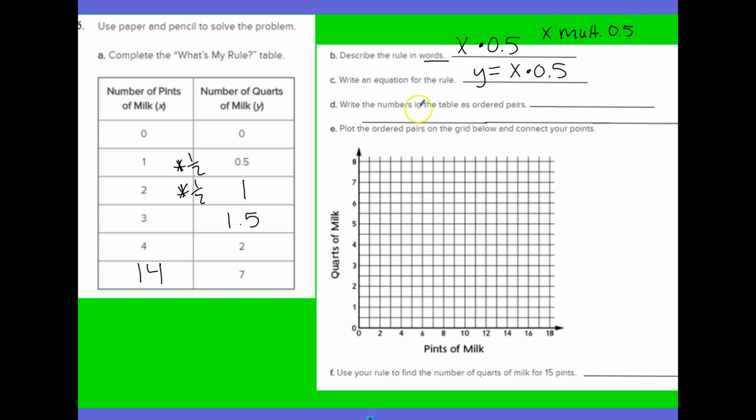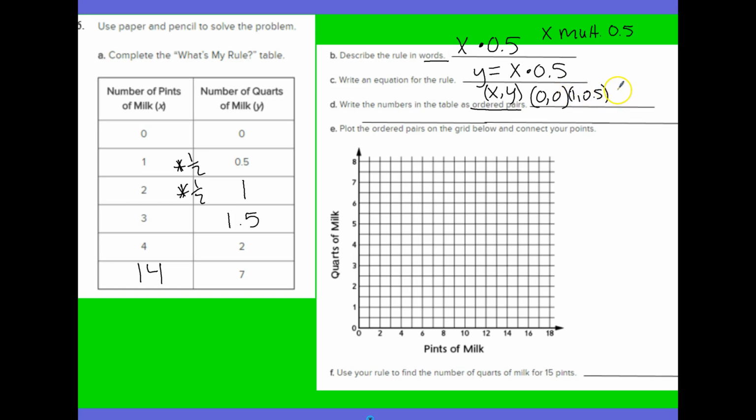Then this one says write the numbers in the table as ordered pairs. This is important. It means 0, 0, because I have x, y. Ordered pairs, think of x, comma, y in your parentheses. The next one is 1, comma, 0.5.